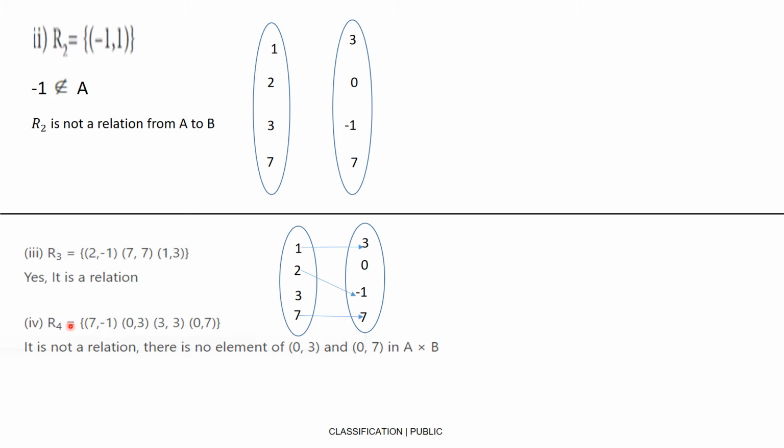First you check (7, minus 1). Okay. (0, 3): 0 does not belong to A. Therefore, it is not a relation. Clear, students?